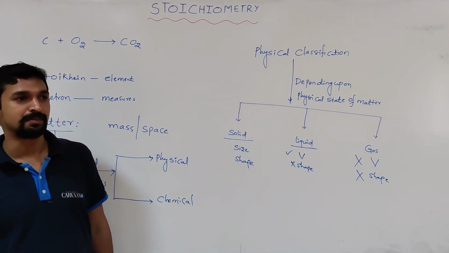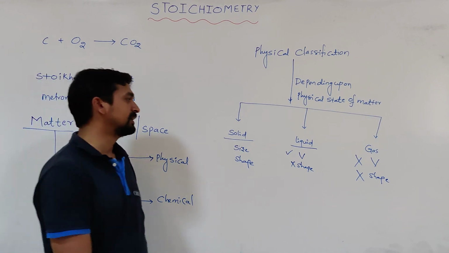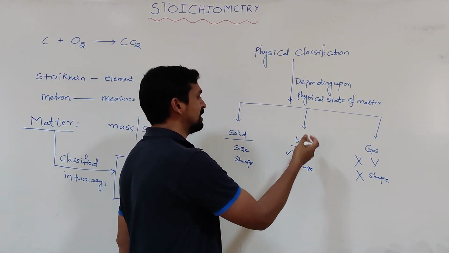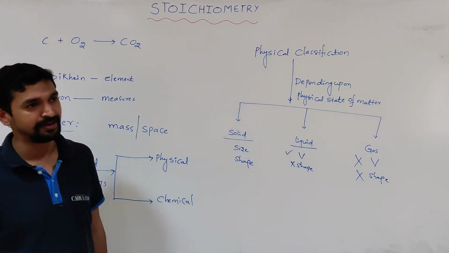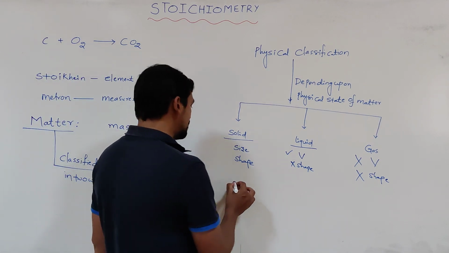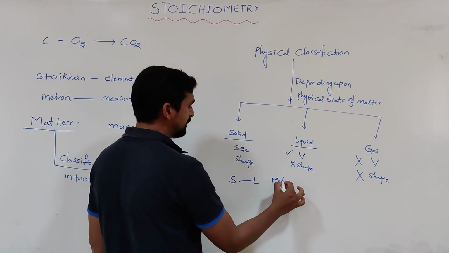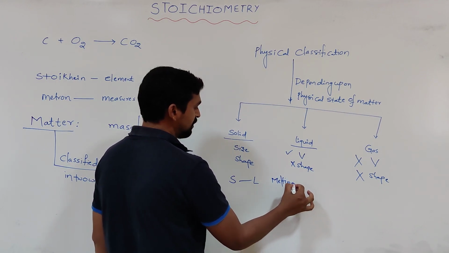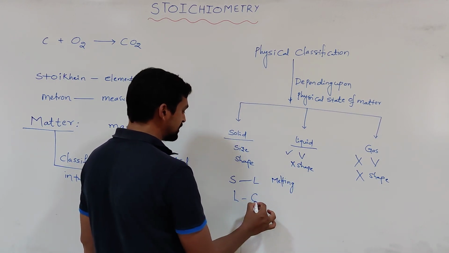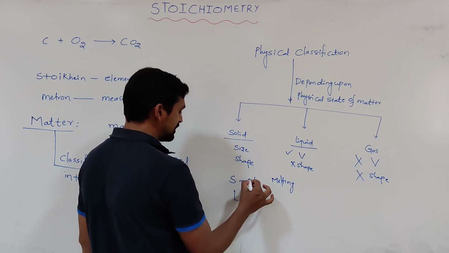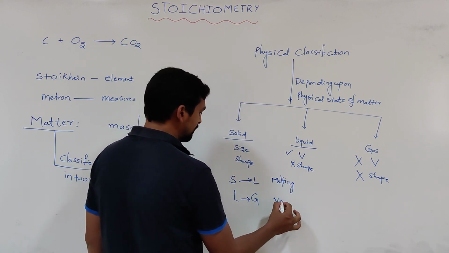At appropriate temperature and pressure, the matter might exist in solid, liquid, or gaseous state. And you know very well the conversion of solid into liquid is called melting, and the conversion of liquid into gaseous state is called vaporization.